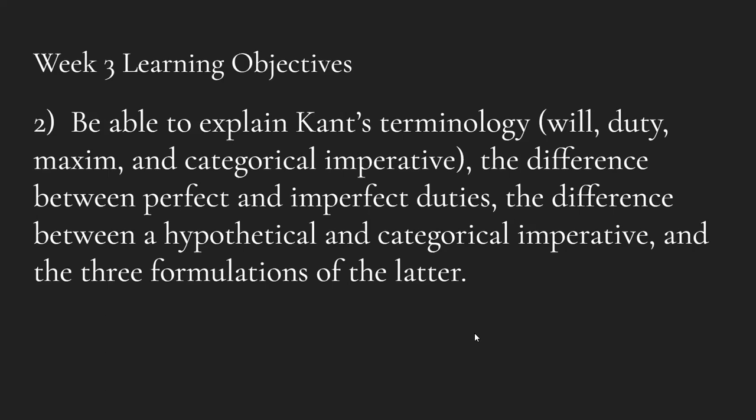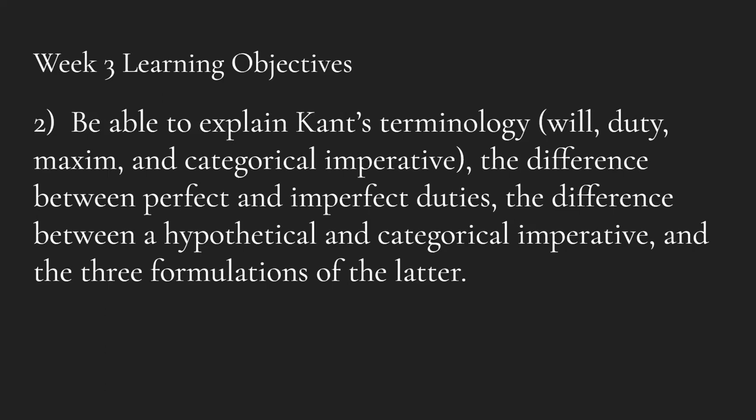And it has 3 formulations, which we talked about a little bit, but remember generally that we use them as tests, and so we call them tests, but they are their own formalizations, right? One is universalization, the question of whether we can logically universalize our maxim or intentions without contradicting ourselves and thereby making an exception for ourselves.